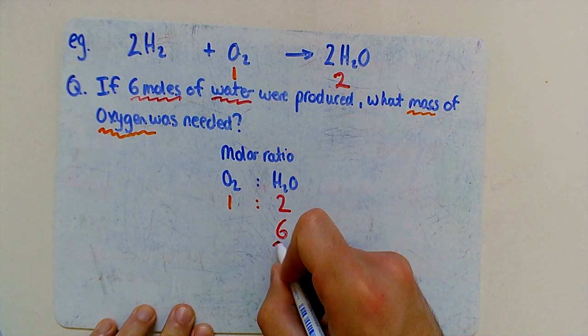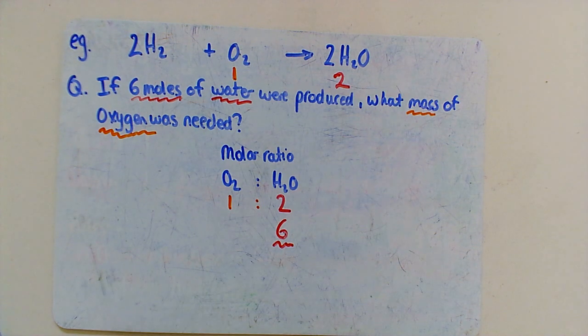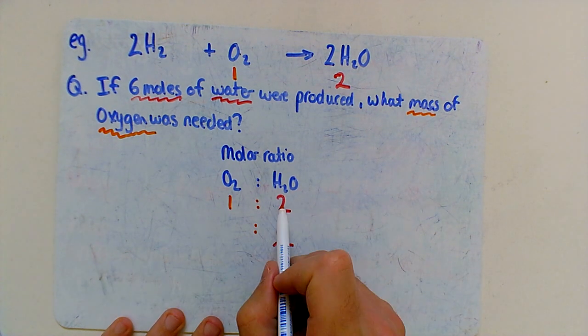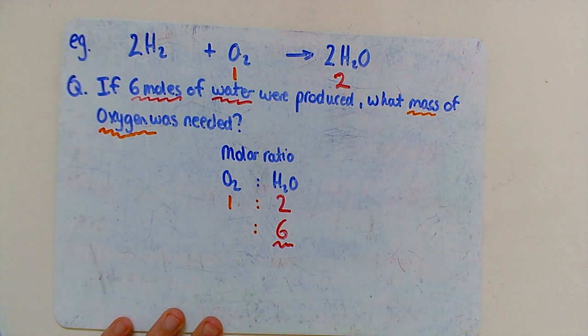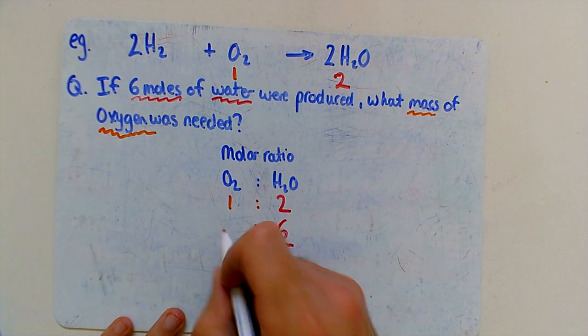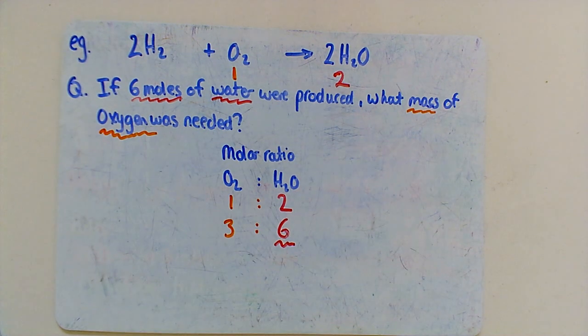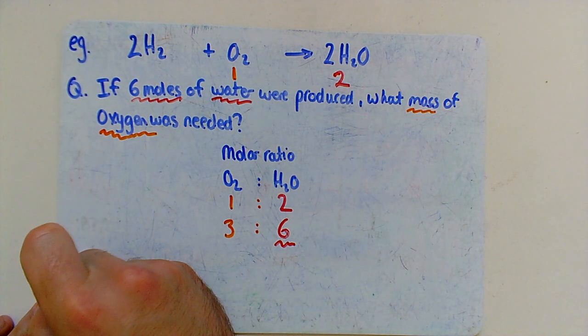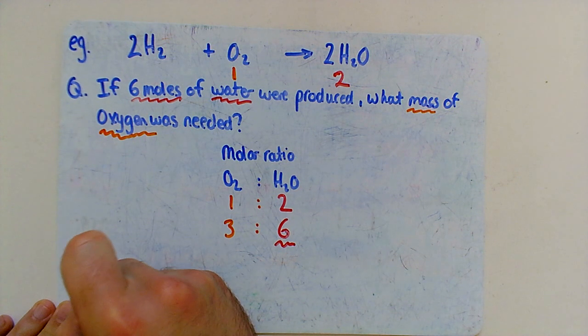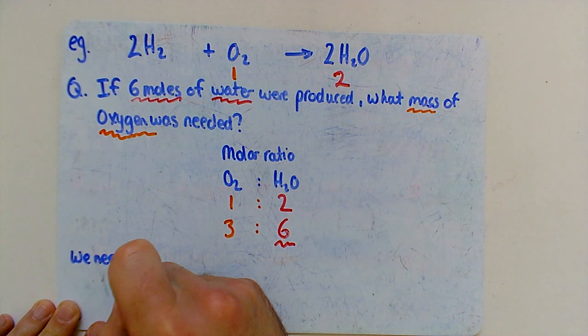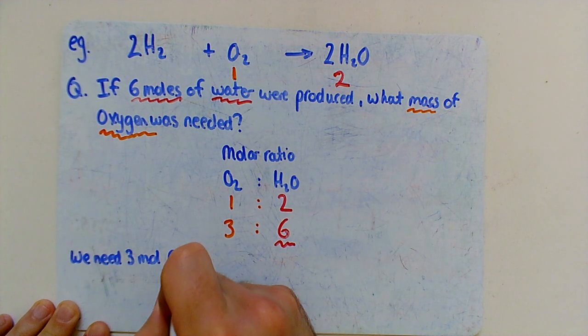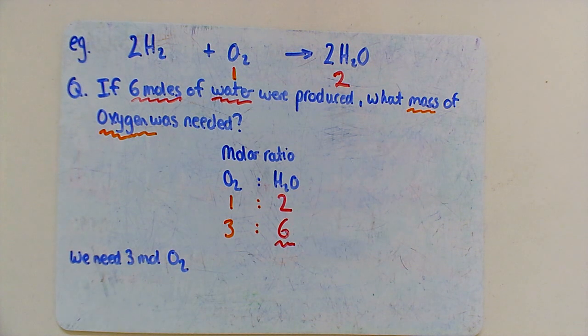We have been told that we have 6. So that means to go from water to oxygen, we're needing to divide by 2. So 6 divided by 2 gives us 3. So we need 3 moles of oxygen.